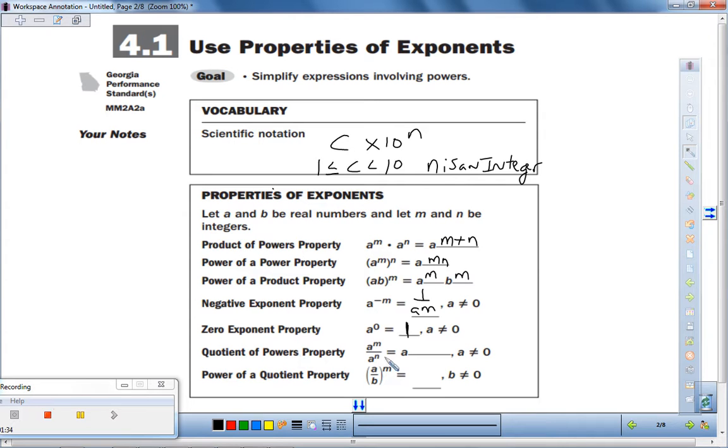And then the quotient, when we're dividing and the a's are bases, we would end up subtracting, so it'd be m minus n. And then finally here, power of a quotient property, it'd be a to the m over b to the m, remembering that you can't have 0 in the denominator.